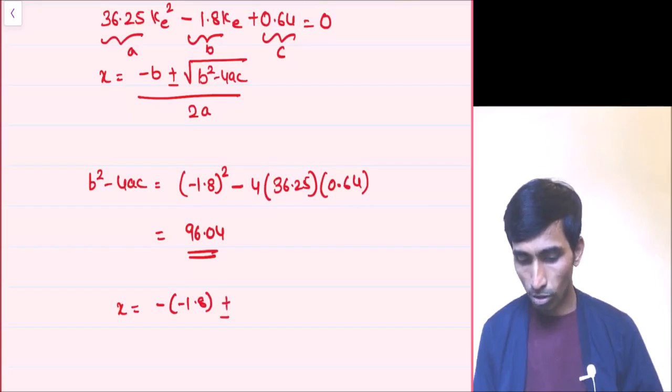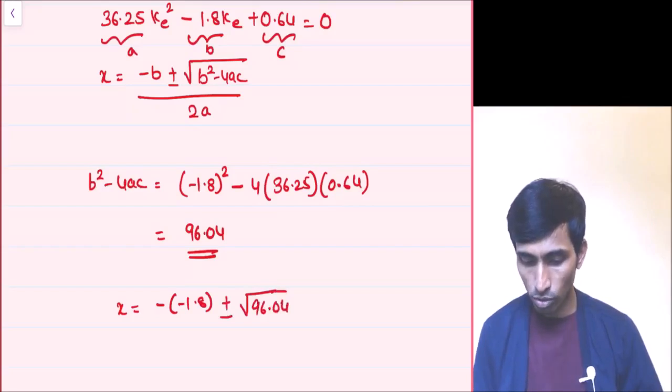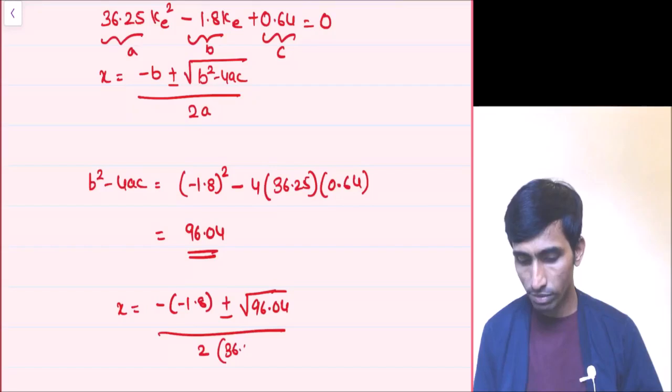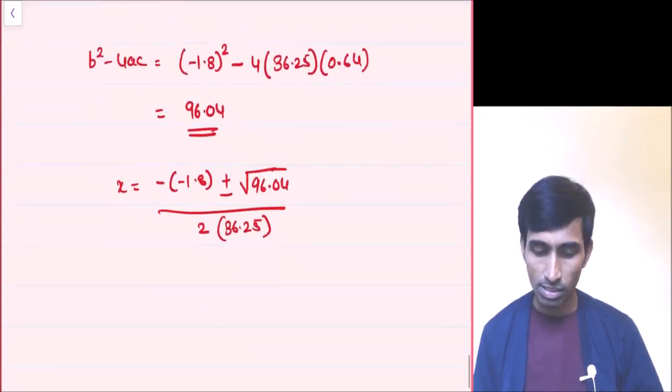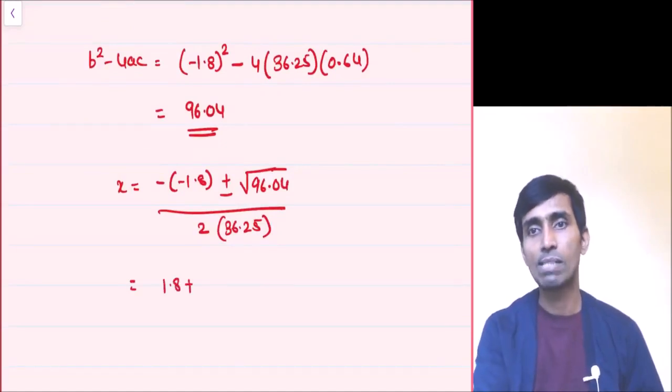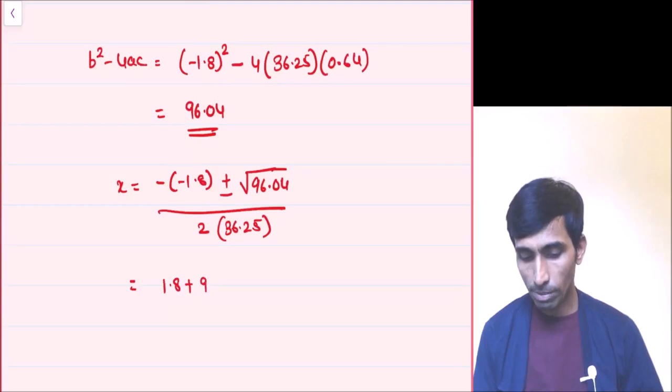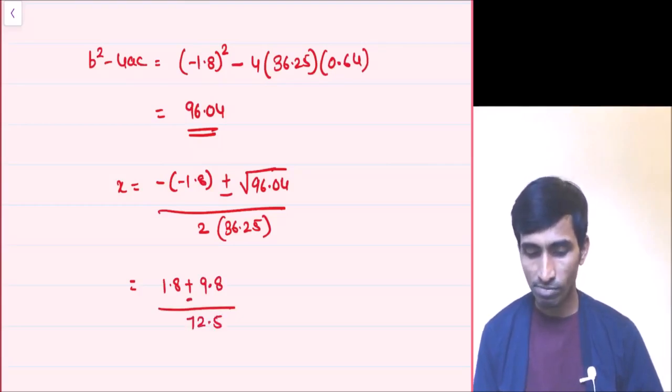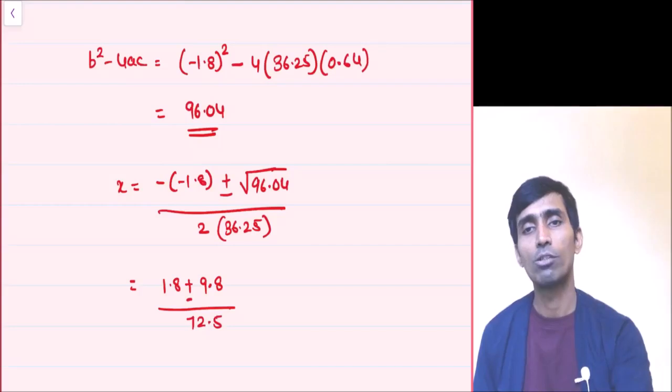So x is equals to minus b, minus into minus 1.8 becomes plus, plus or minus under root 96.04, upon 2 into a, means 2 into 36.25. So two answers are there. 1.8 plus, the root of 96.04 will be 9.8, upon 2 into 36.25 becomes 72.5.